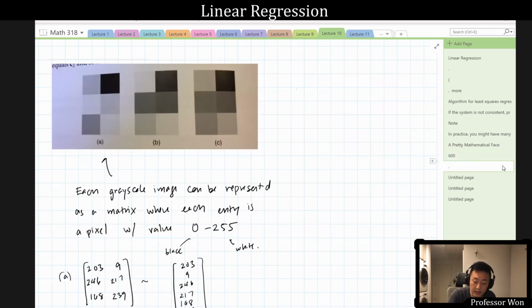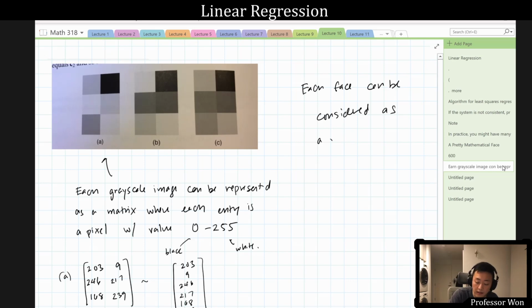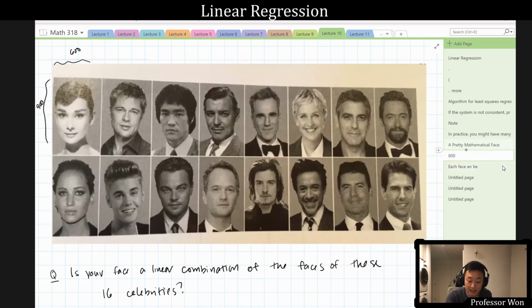So each face can be considered as a vector in R to the 600 by 900. So this is R to the 540,000.